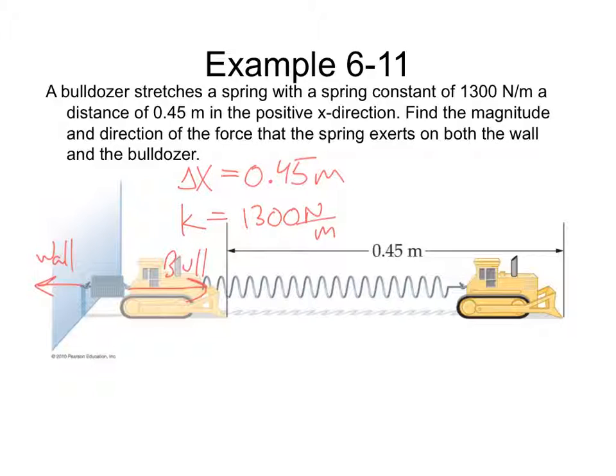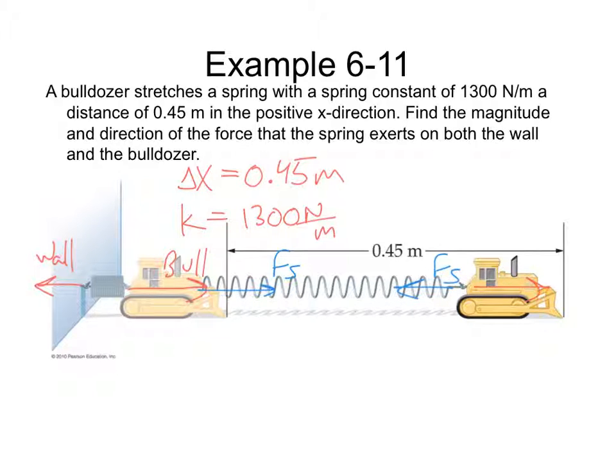If the bulldozer is pulling out, as is the wall way back over here, what direction does the spring have to be pulling? The spring has to be pulling that direction on the bulldozer and that direction on the wall, right? So it pulls on the wall in the positive direction. It pulls on the bulldozer in the negative direction. We kind of established the direction first.